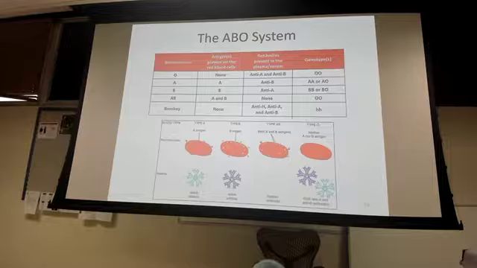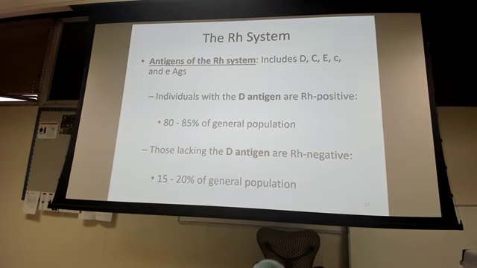B has the B antigens on RBCs with the antibody A in the serum. AB has A and B on the red blood cells, none in the plasma serum, and then Bombay has none, but it has all those antibodies, so H, A, and B in the plasma serum, and it has that hh phenotype, okay? I think y'all know this slide, but just highlight it, okay?